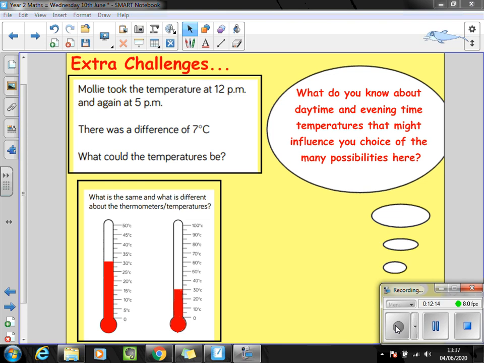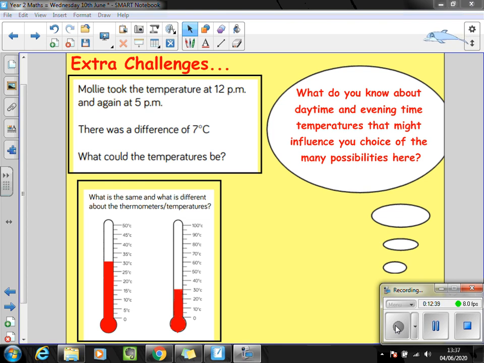And 2 more extra challenges for those of you who want them. The first one says, Molly took the temperature at 12 p.m. and again at 5 p.m. There was a difference of 7 degrees Celsius. What could the temperatures be? Now for this problem, there are a variety of answers you could give because there are lots of possibilities.